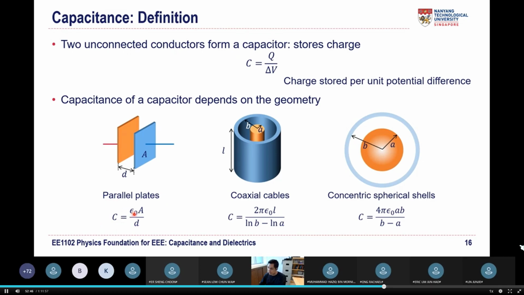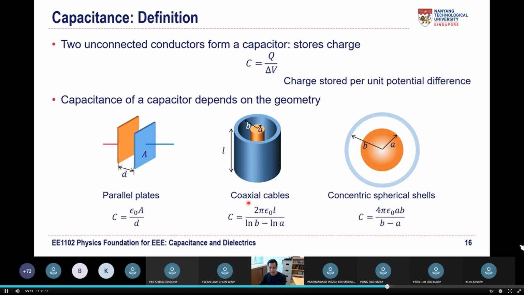So epsilon 0 is again the permittivity of free space, and A is the area of the parallel plate, and it has to be the overlap area. Okay, so if the two plates are not exactly on top of each other, then you just have to calculate the overlap area, and d is the separation between the two plates.